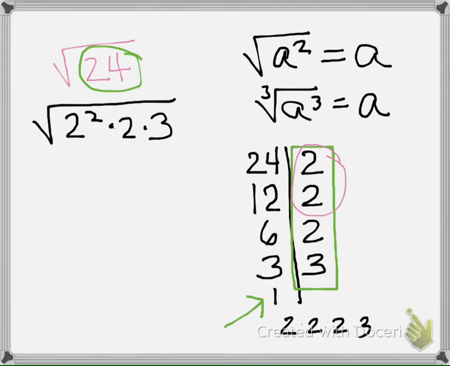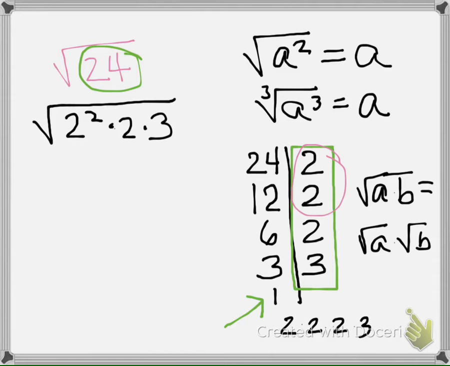I'm not changing the value of 24, I'm only changing the way 24 is appearing. So 2 squared times 2 times 3 is still 24. Now another property that we're utilizing is that the square root of two numbers underneath that are being multiplied can be broken up into two separate square roots. It's one of our properties of radicals.